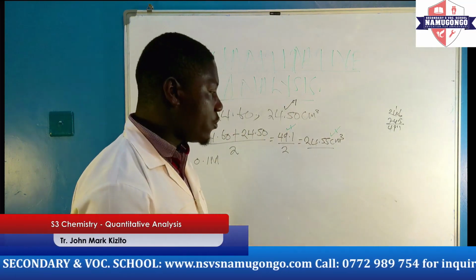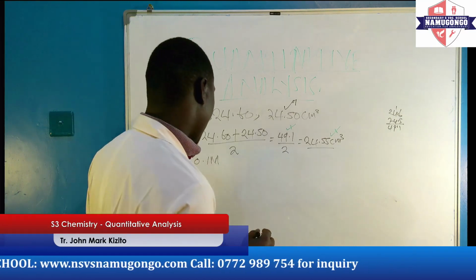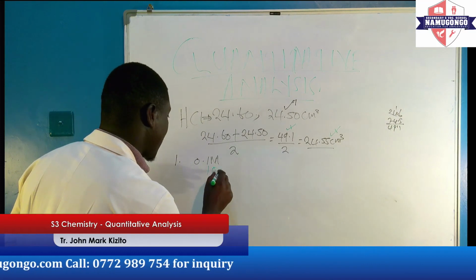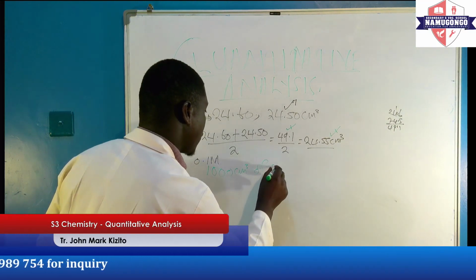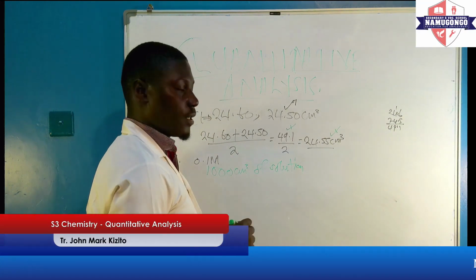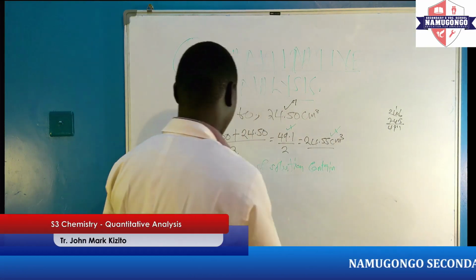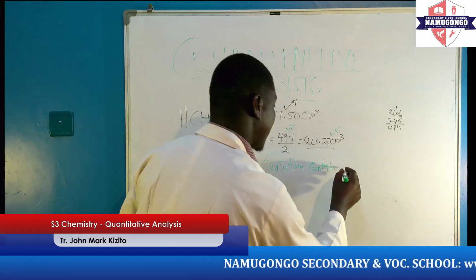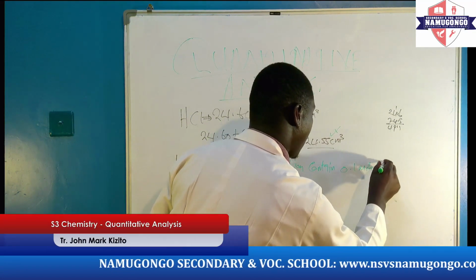So what we are going to do, we are going to use the definition of molarity to write the first statement by saying, if 1,000 cubic centimeters of solution contain, according to molarity, because this was the molarity, 0.1 molar, contain 0.1 moles of what?